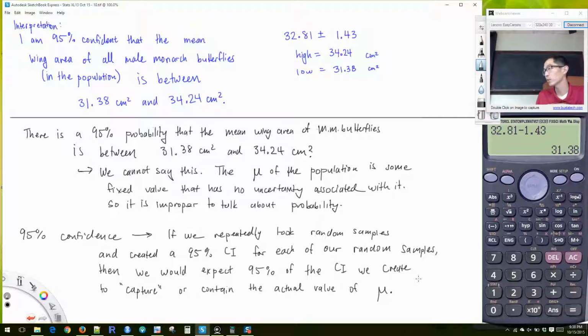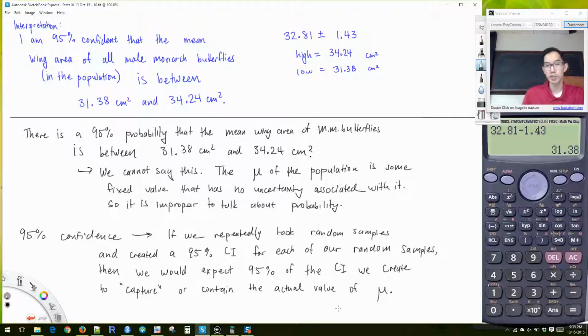Of course, if you did 100 random samples, you'd get something around 95, but not necessarily 95 exactly. So in the long run, if you took thousands and thousands of random samples and created a confidence interval for each of them, we're expecting about 95% of those to get the true value of the population mean.